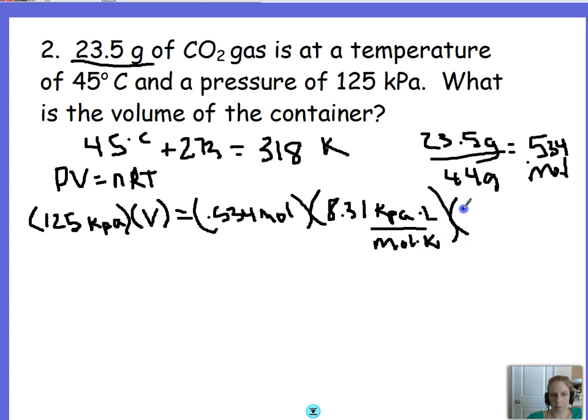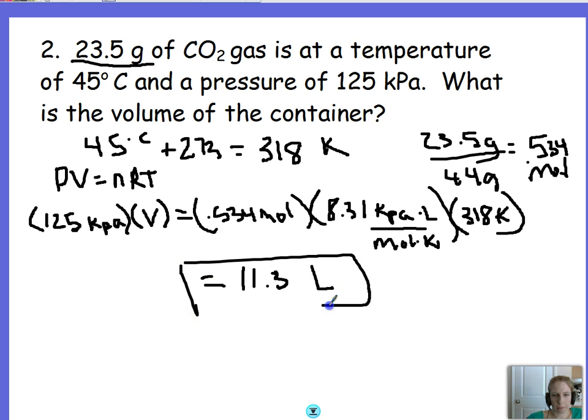And lastly, our temperature. Once again, we just crank this through our calculators. 0.534 times 8.31 times 318, all divided by our 125. And that's going to give us 11.3 liters. See? Easy peasy. Now it's time to get a little more exciting.